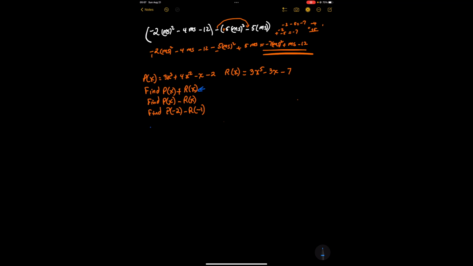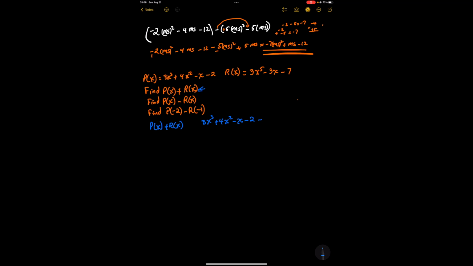What will be this part right here? We have p of x plus r of x. So we're going to basically do 3x cubed plus 4x squared minus x minus 2, and we're going to add. Now we can do either the horizontal or vertical format, and I'm going to do the easiest way, the horizontal format.